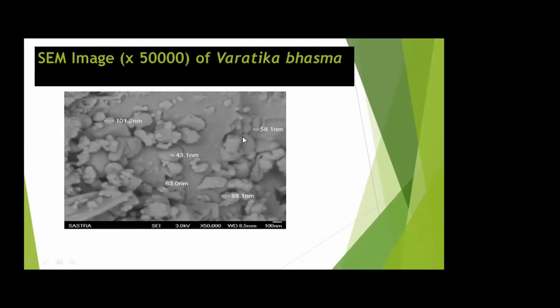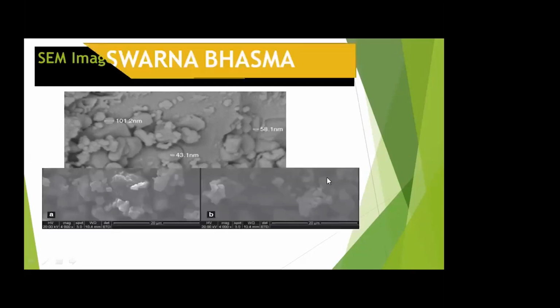For most of our purposes in Rasa Shastra, for the characterization of nanoparticles, 50,000x magnification is enough. Here you can see the nanoparticles in a range of 58.1 nanometer, 101.2 nanometer, 43.1 nanometer, 63.0 nanometer, and here 88.1 nanometer.